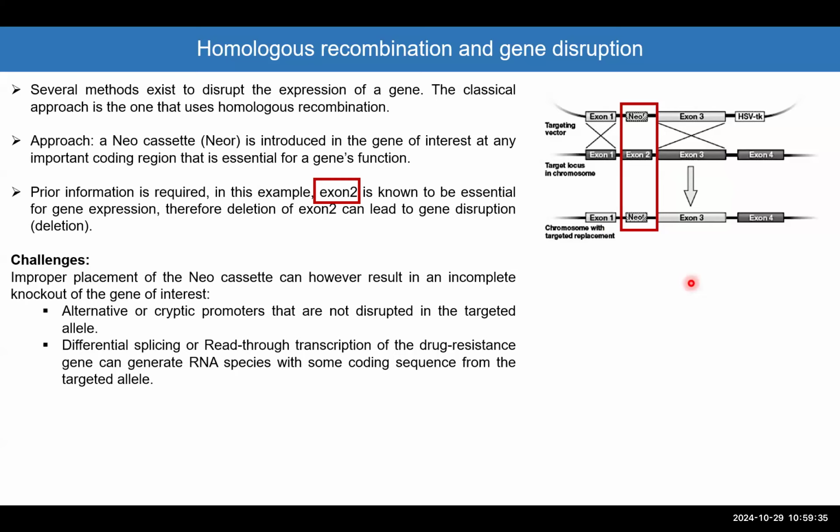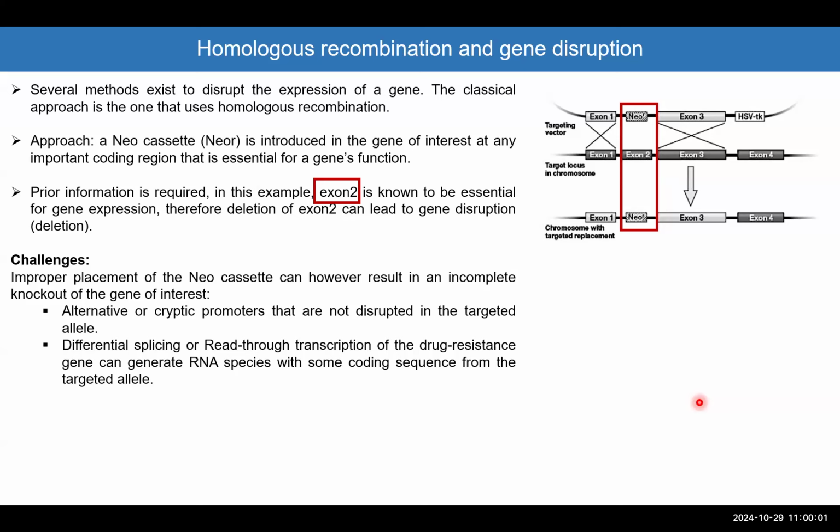Okay, there are some challenges. Obviously, sometimes you remove exon 2, but still the gene can be functional. Or sometimes there might be a transcription of exon 3 and 4, so you get a side product of that gene. Again, all that has to be studied in vitro before you go into the transgenic animal.